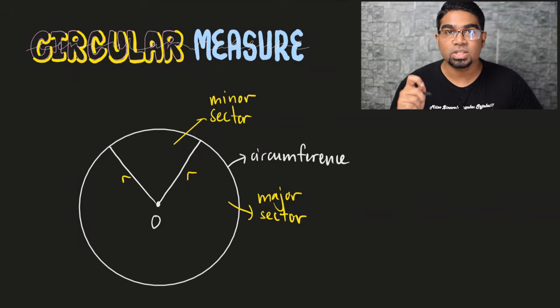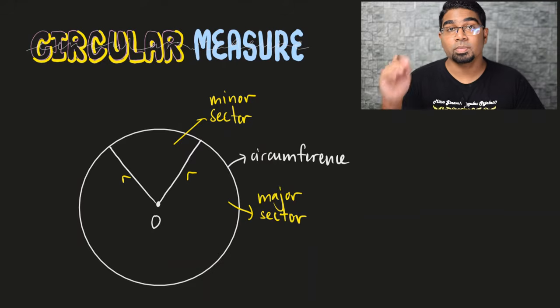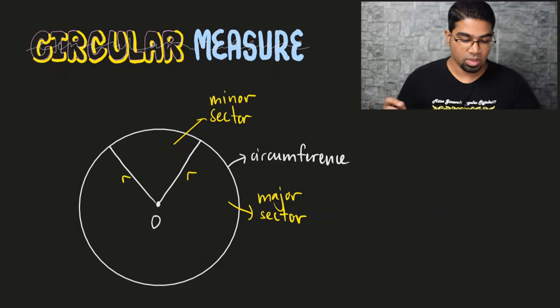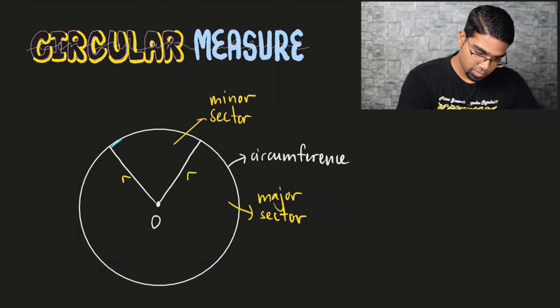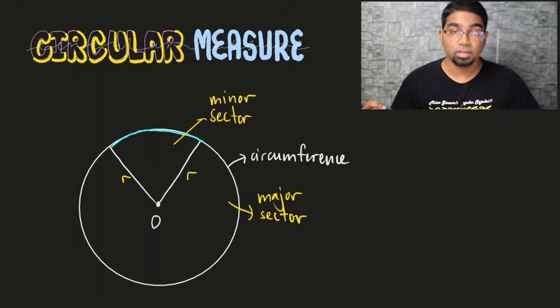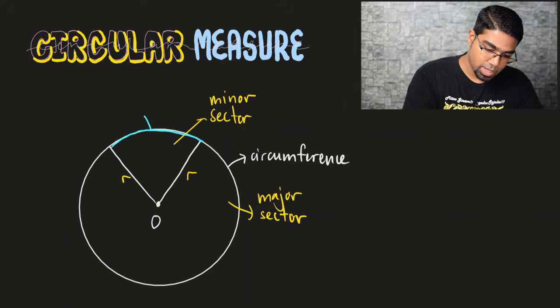Now, another measure is the arc. What is the arc? The arc is simply a part of the circumference, just one part of the circumference. So again, we have two arcs here. If we look at the part that is covering the minor sector, now, similar to sector, we also name the small one minor. So this is the minor arc.